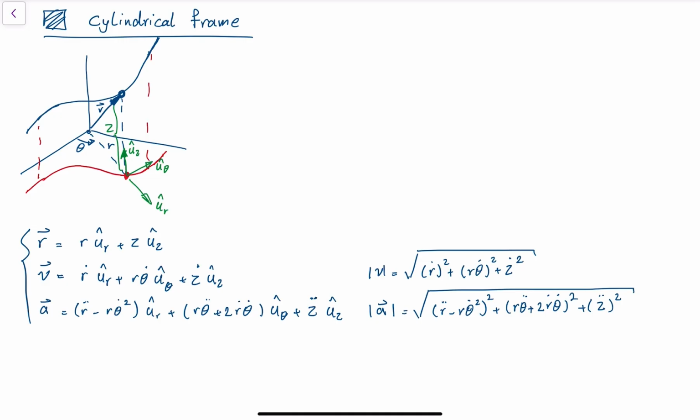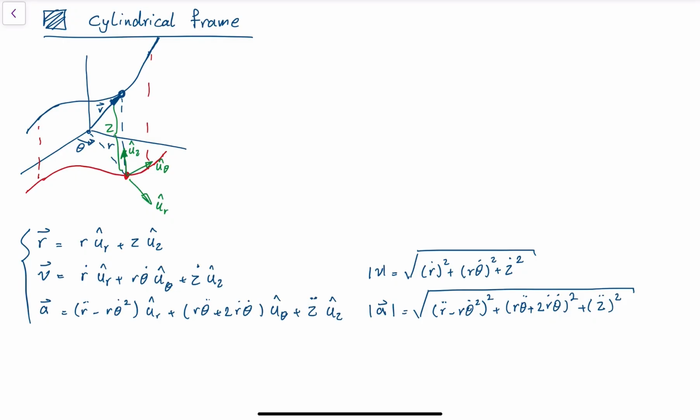So that is cylindrical frame. Fairly easy, and it is a very good frame to describe movements when you have a strong rotation in a plane, in one plane, and movement going up and down. For instance, going around a spiral on a roller coaster, coming up, coming down, or going up.